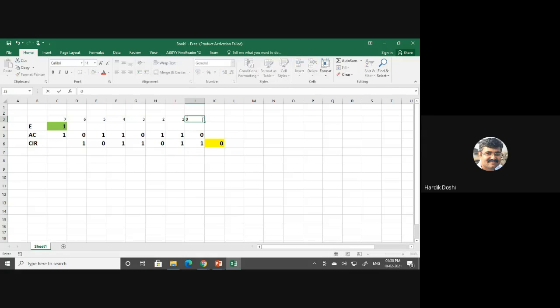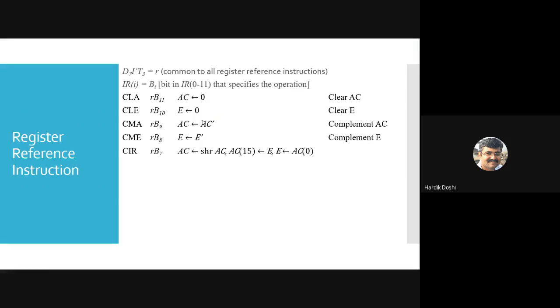Now what I am doing is shifting this E to AC's 15th bit, since we have a 16-bit register.